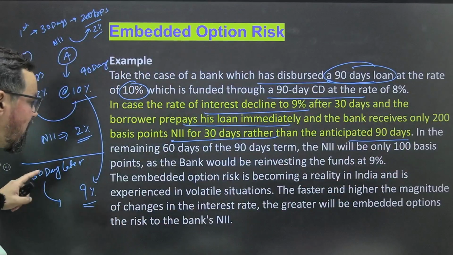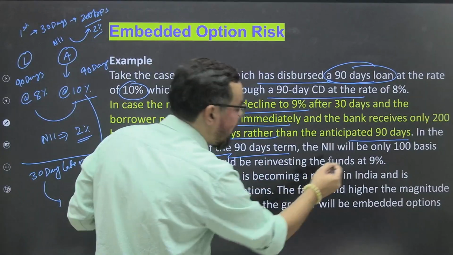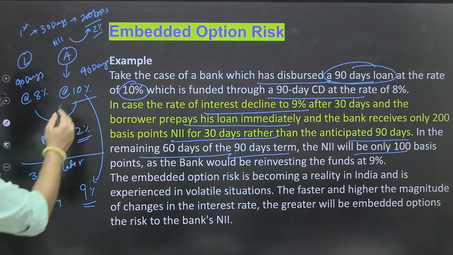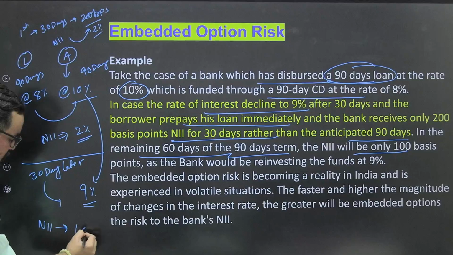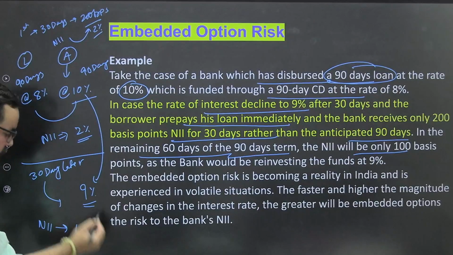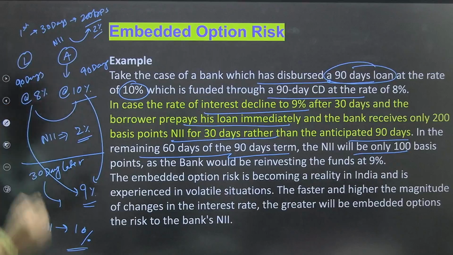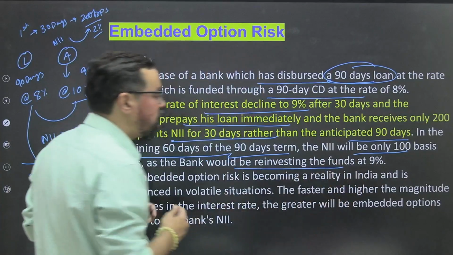For the remaining 60 days of the 90-day term, the NII will be only 100 basis points. It will become 1%, or 100 basis points, because 8% and 9%. Earlier it was 8% and 10%. Again, as the bank would be reinvesting the funds at 9%.